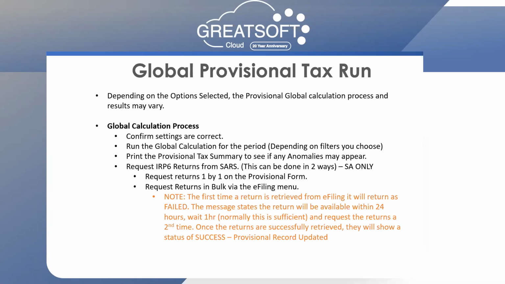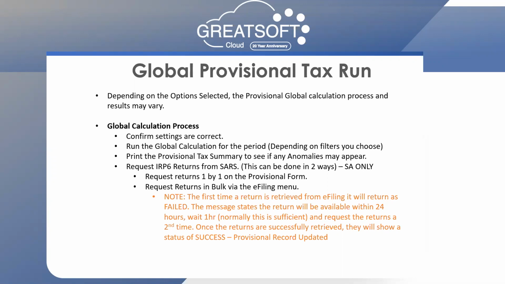So for those of you who submit Prof tax or request items, you'll note that the first time you request a return in GreatSoft, if the return is not open on SARS e-filing, your error message will say failed. Your return will be available within 24 hours. What that does is, the first time you request a return and it's not open on e-filing, it will tell SARS, hey SARS, I want to open this provisional tax return.